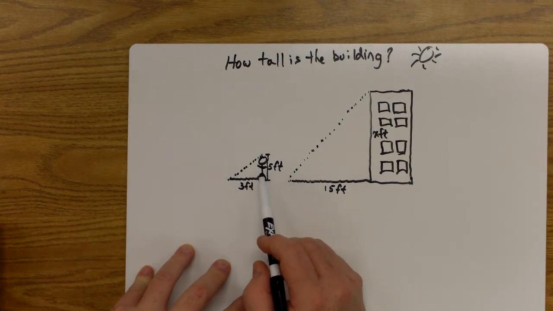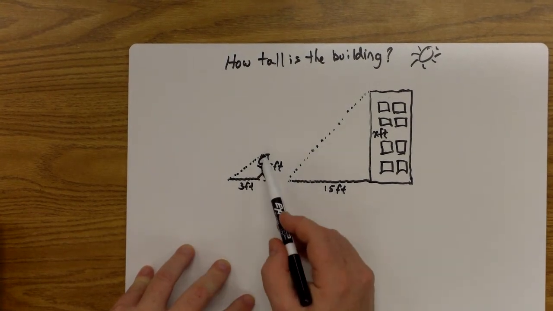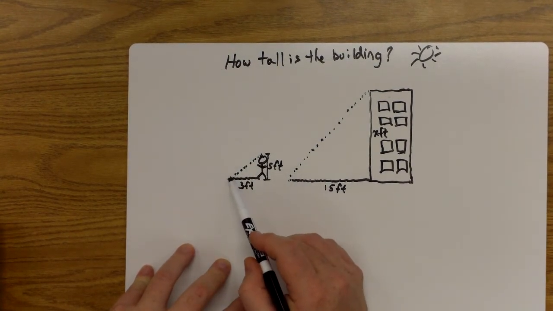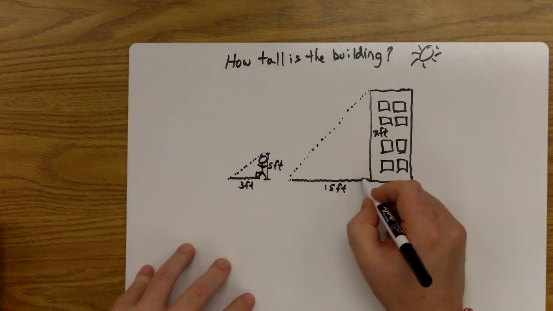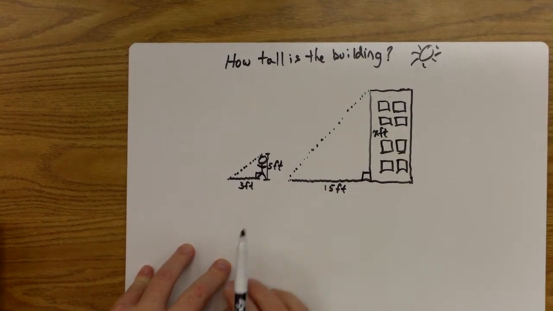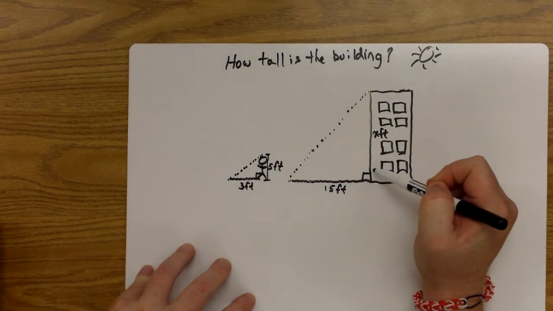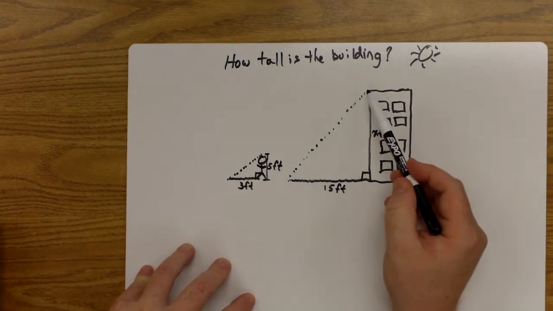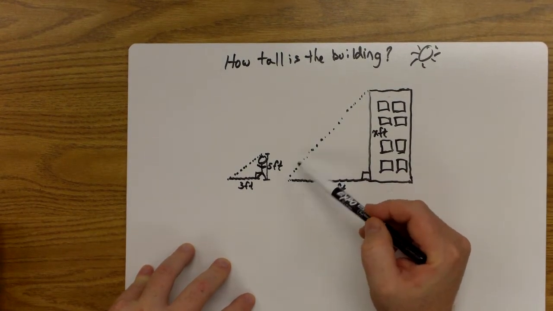Well, as long as this person is standing near the building at the same time of day, they will have a shadow that creates a right triangle that is similar to the right triangle created by the building, where one of the legs is the building, the shadow is another leg, and the hypotenuse is this imaginary beam of light that comes down.